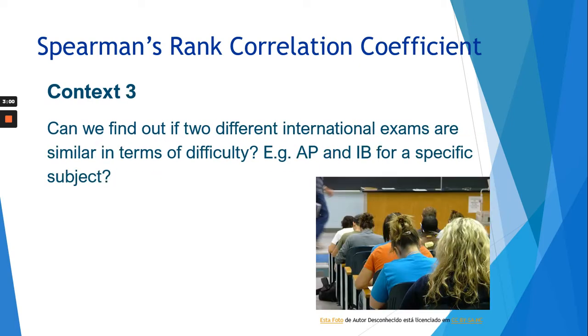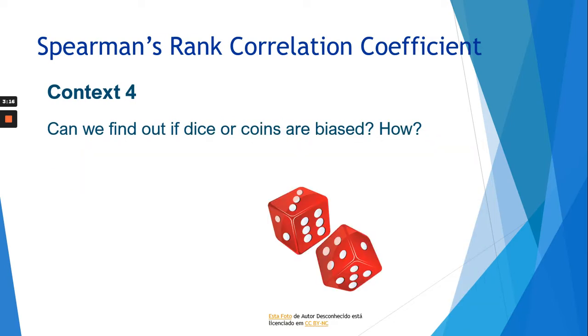Context 3, could we find a difference between two examinations, international examinations like the AP, Advanced Placement, and the IB? How do we do that? That's another type of test that we can apply. And finally, the fourth context is, can we find out about dice or coins, if they are biased or not?